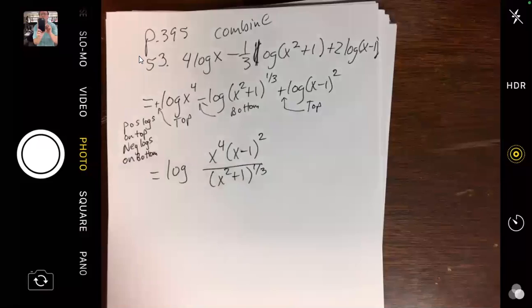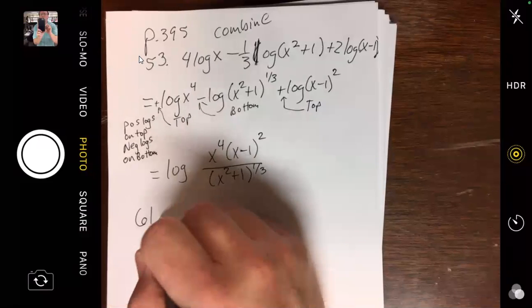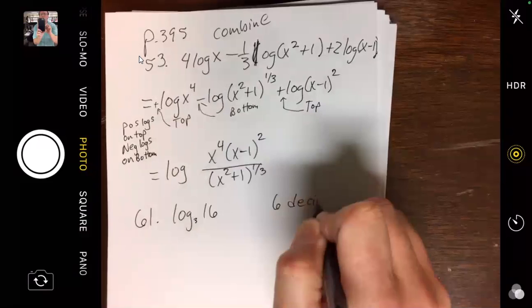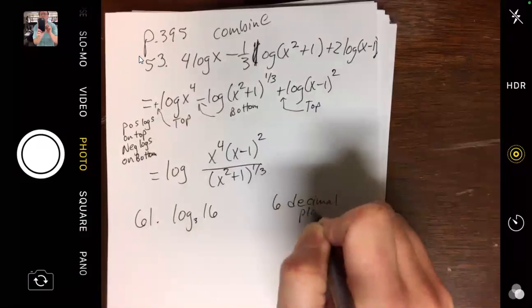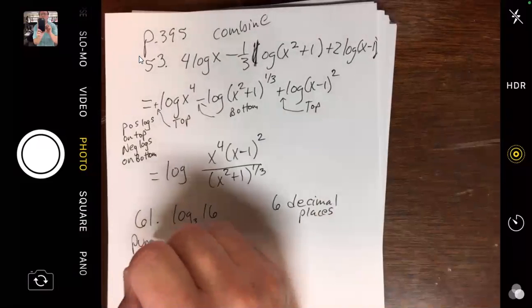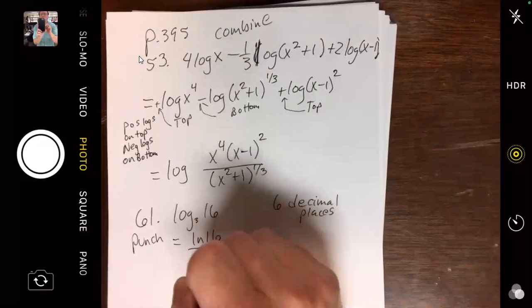And the very last kind of problems are, let's try problem 61. Log base 3 of 16, they want 6 decimal places. That's a little anal. All you really got to do is punch ln of 16 and scale it by ln of 3.